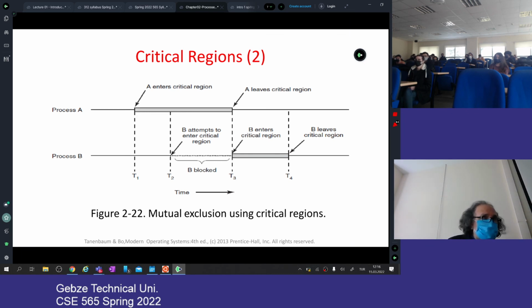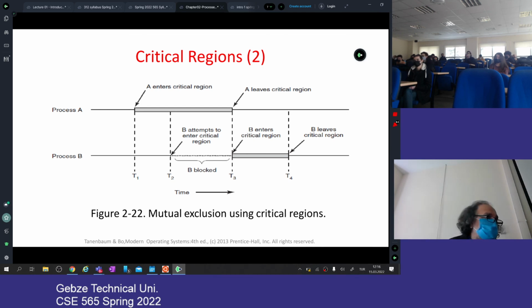When I disable the interrupts, that means the timer interrupt will not happen. Hard disk interrupt, keyboard interrupt, network interrupt, nothing can happen. If no interrupt can happen, then process A will keep using the CPU until it exits the critical region. So one way of achieving mutual exclusion is disabling the interrupts.